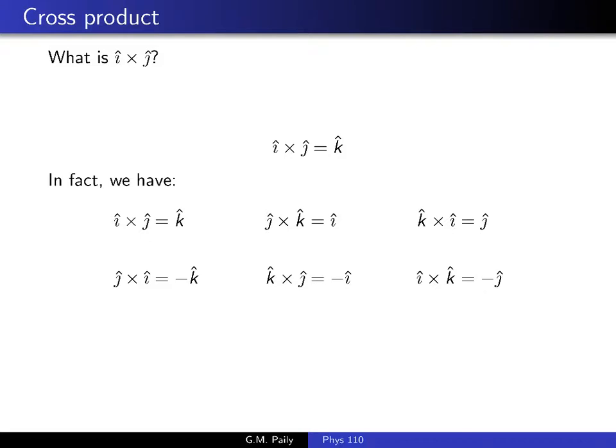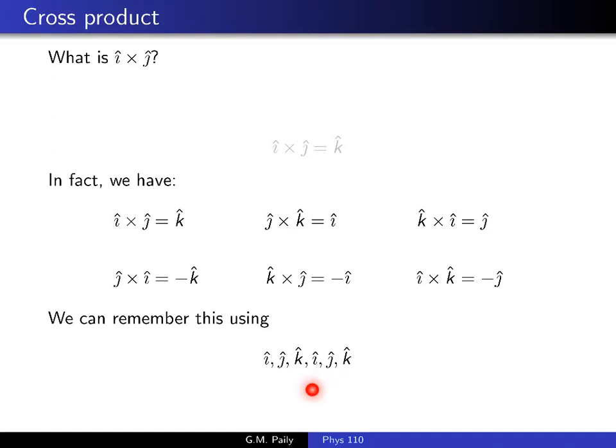How do we remember these products? We can remember them using a simple trick, i, j, k, i, j, k. i cross j is k, j cross k is i, k cross i is j, and so on. That gives us these three relations. And now if we go in the reverse direction, we pick up a minus sign.